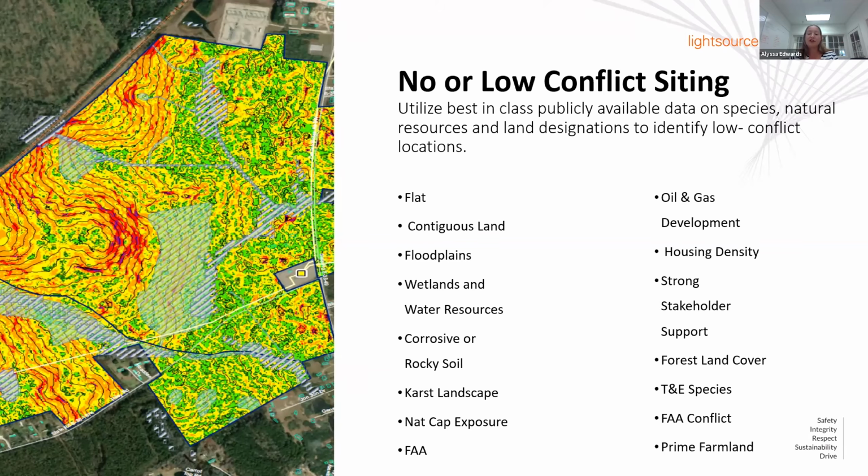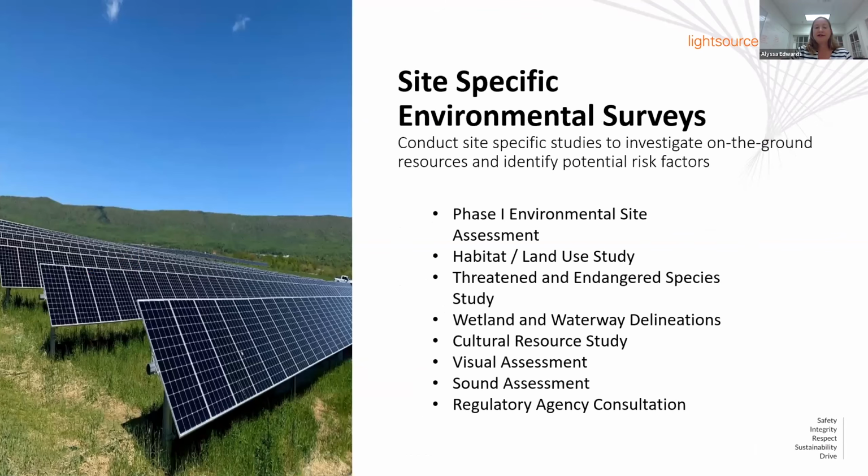Forested land cover, threatened and endangered species that require special consideration, farmland designations. This probably isn't even the entire list of all the things that, as a developer, we need to make sure we are accounting for in siting solar projects appropriately.